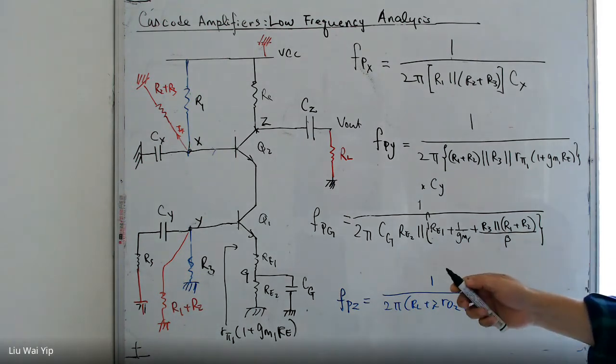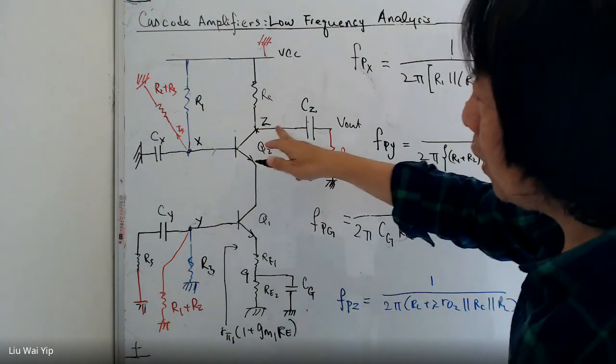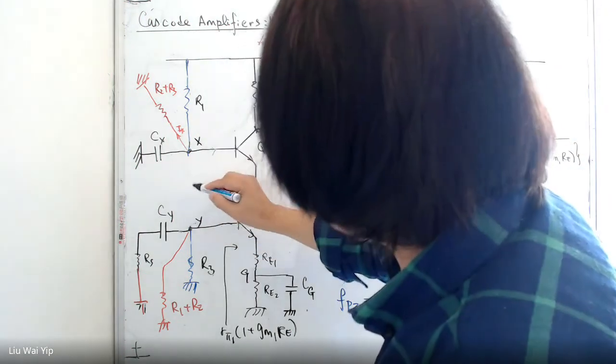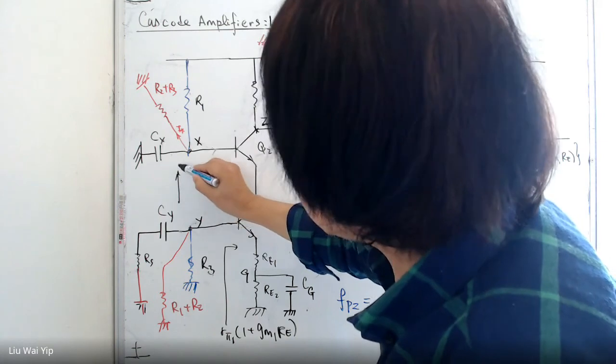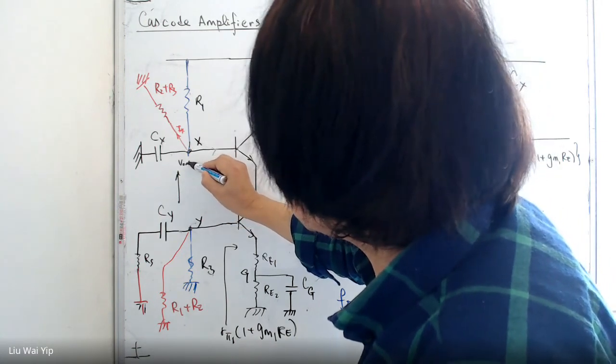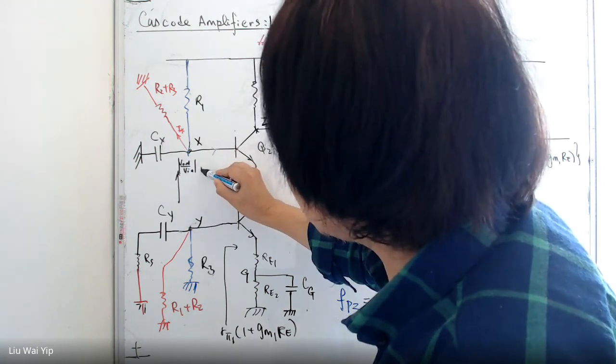So at the end, you need to draw a Bode plot. The Bode plot has the voltage gain Vout over Vin. We are going to get the magnitude in dB.